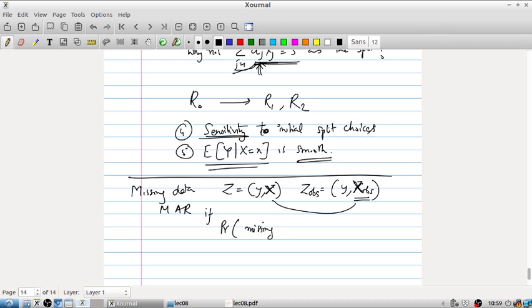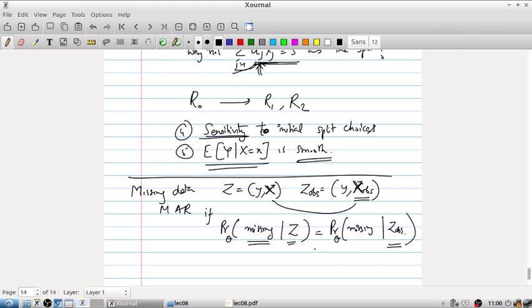I don't want to introduce another notation, but the probability of missing given all your data just depends on the probability of missing given X observed, and some parameter. So all it's saying is the missing data doesn't depend on what the missing values themselves were. So you didn't miss the data because you observed the data and therefore didn't make the measurement. So that's all it means.